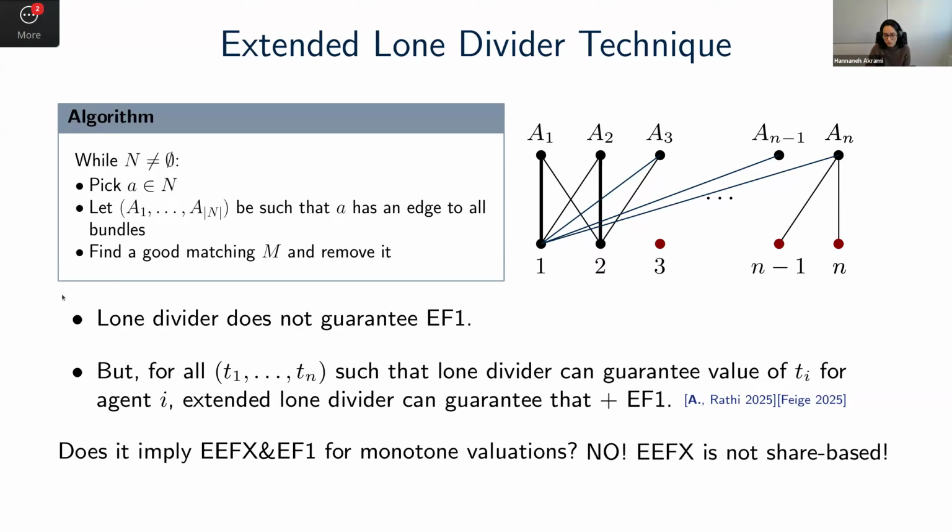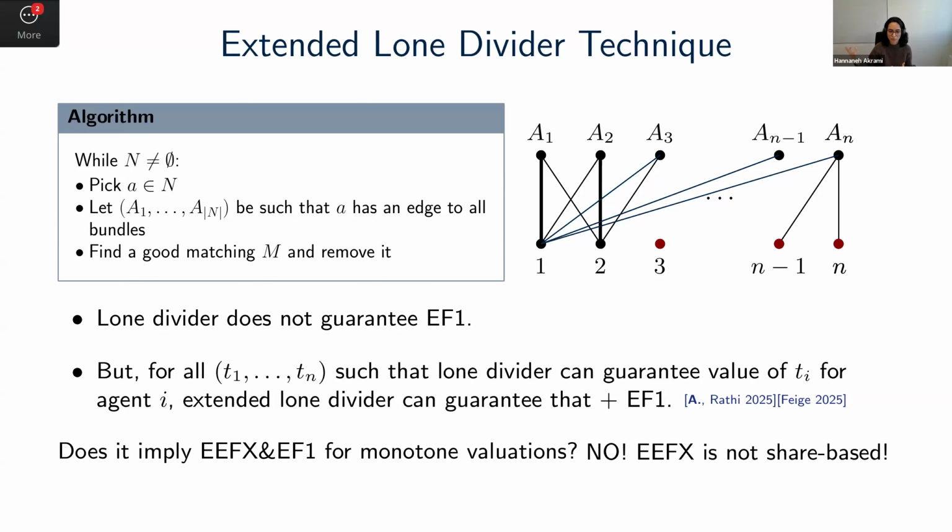And the answer is no, because epistemic EFX is not a share-based notion. Now, I didn't really define the share-based notions of fairness, but what I mean is that epistemic EFX is not a property of the utility of the bundle. So maybe there exists a bundle that I find epistemic EFX feasible, and then you offer me another bundle that I value more.